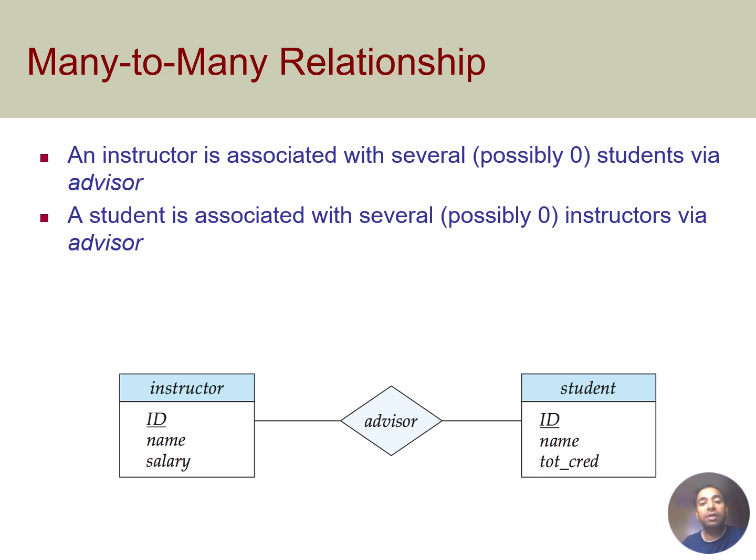An instructor may supervise multiple students. These relationships can get complex, so we model them carefully. There are no arrows in this case. As you can see here, there is no arrow either on the student side or on the advisor side.